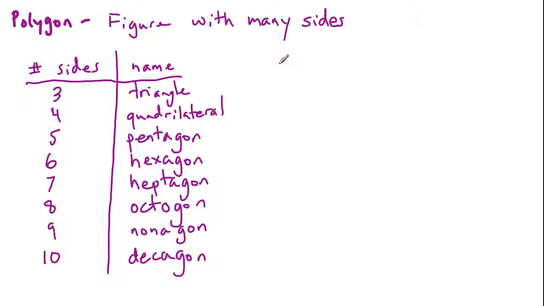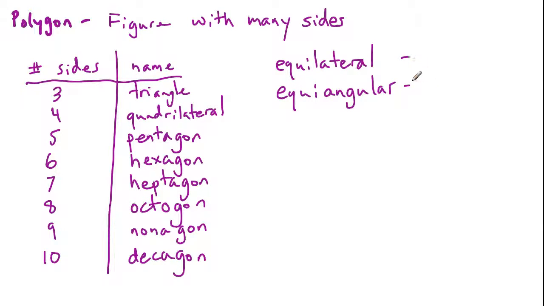Another word that you need to know is what a regular. Actually, you know what? Let's start with a different word. Let's start with equilateral and equiangular. Okay.